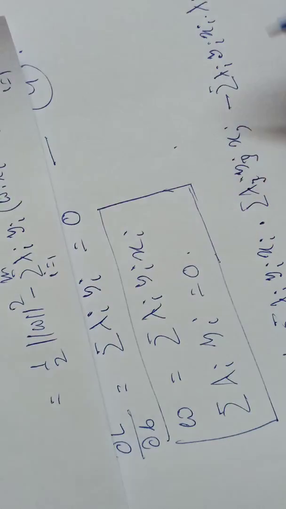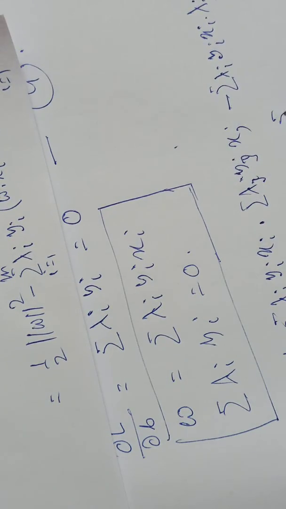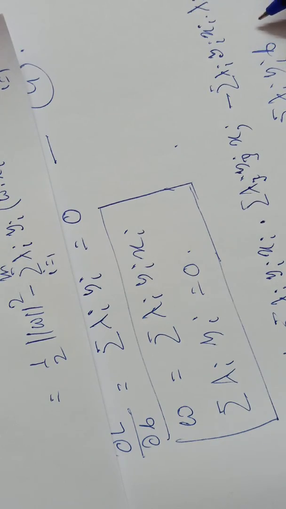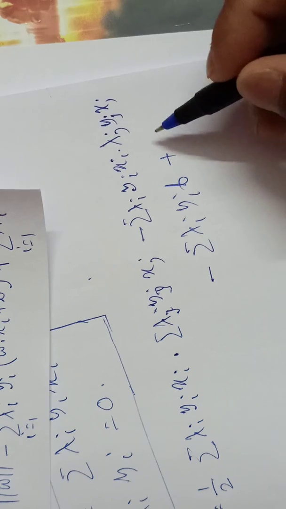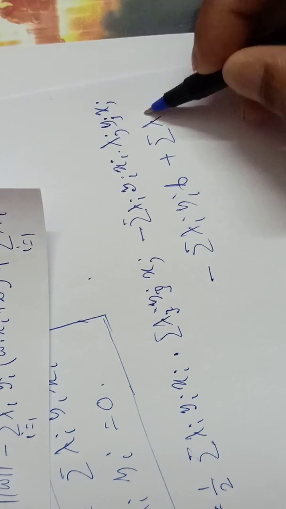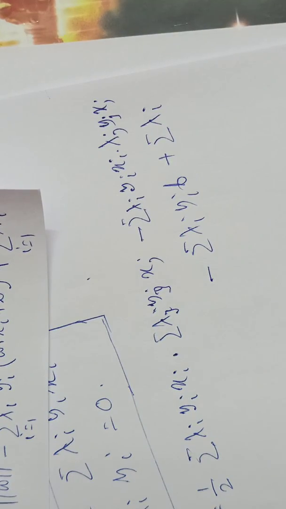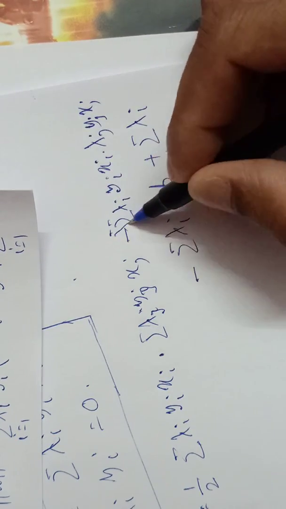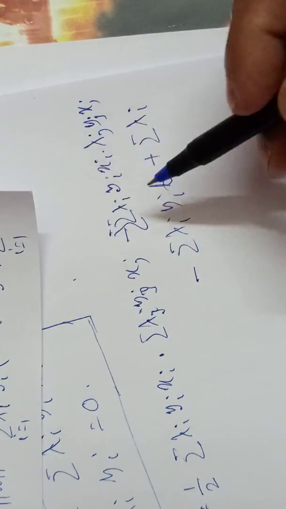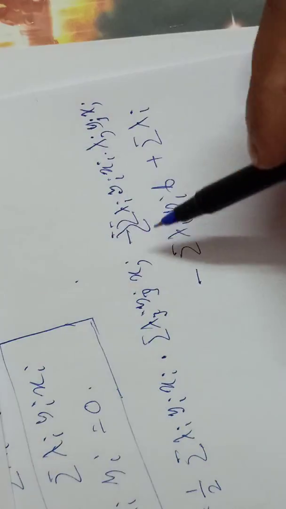Okay, so minus lambda i yi b plus lambda i yi b plus sum of lambda i. Got it? So here we can give this value as the double summation, because we have two different data, i and j.